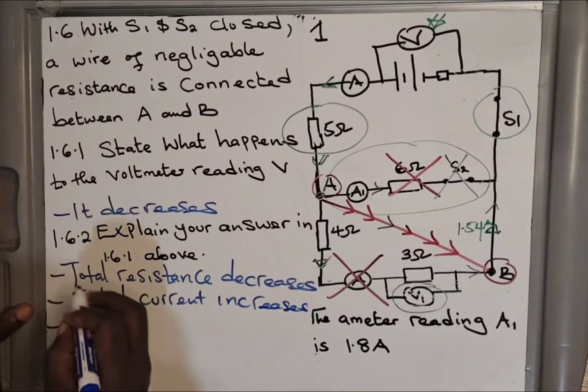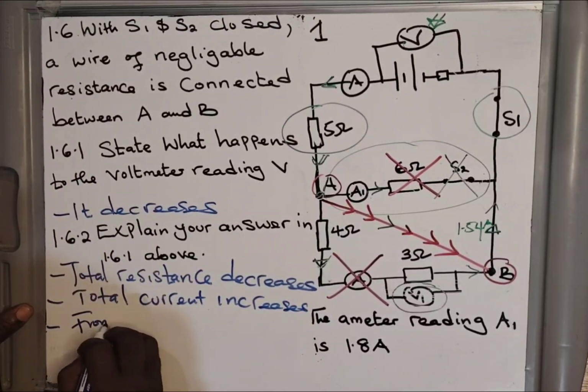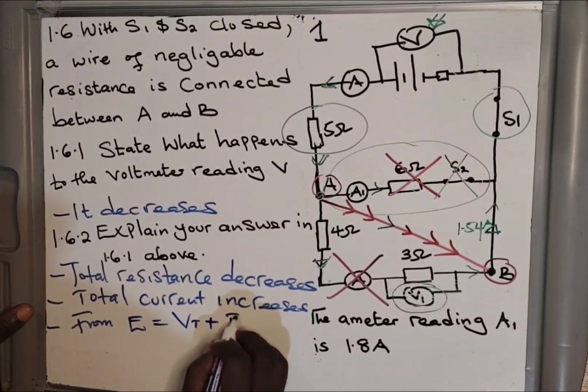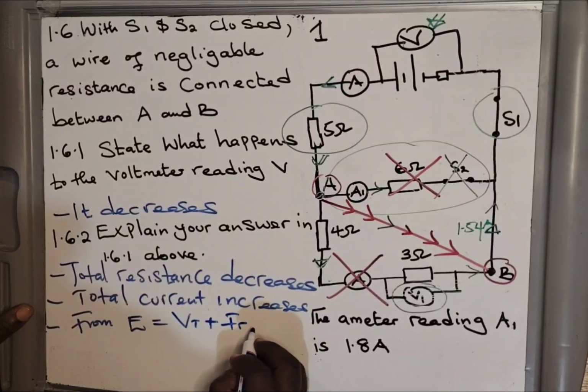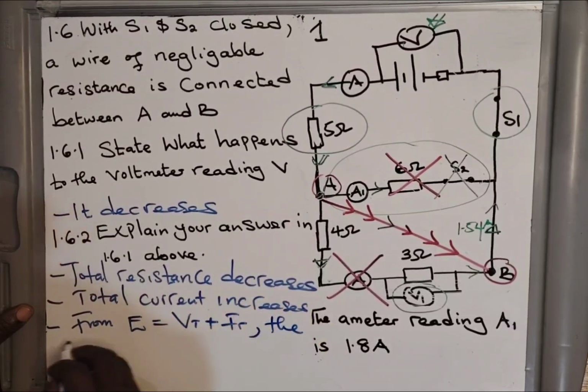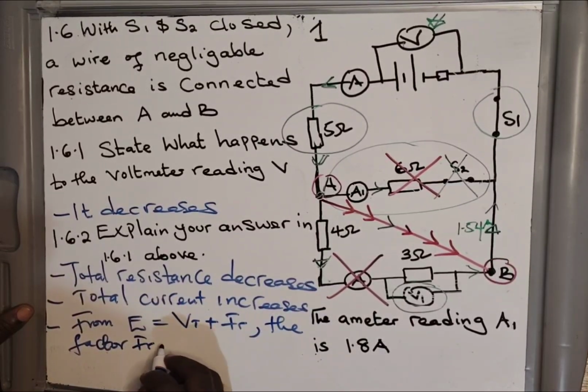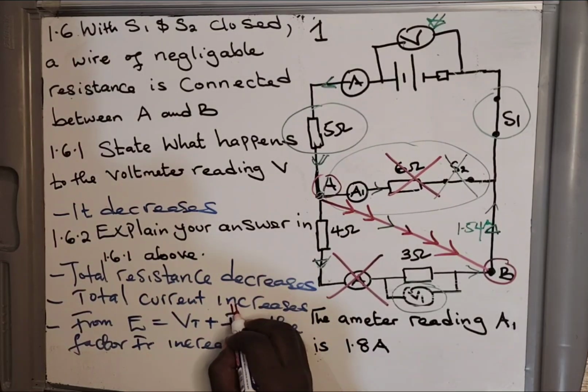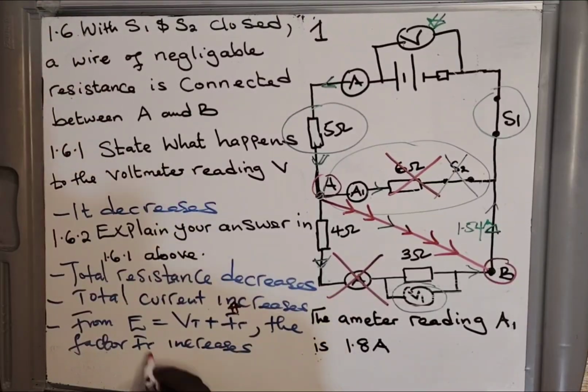So what do you say? You quote the expression. You say that from E equals VT plus IR, the factor IR increases. Because of that, remember what we said, when this increases, this one remains constant, this one decreases.